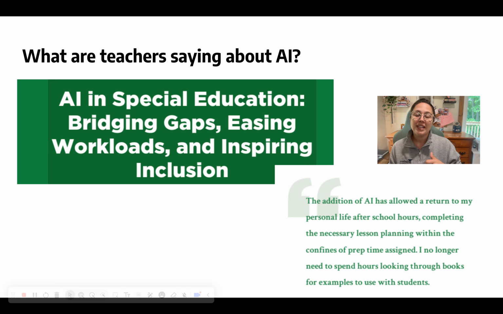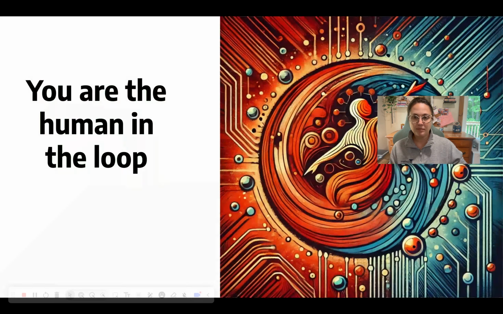What are some difficulties? Using AI more as a colleague or a coach versus just a creator. Because again, you are the human in the loop, and you need to use your expertise and your knowledge of evidence-based teaching practices to ensure that whatever you are leveraging AI for, it is valid, appropriate, and reliable.